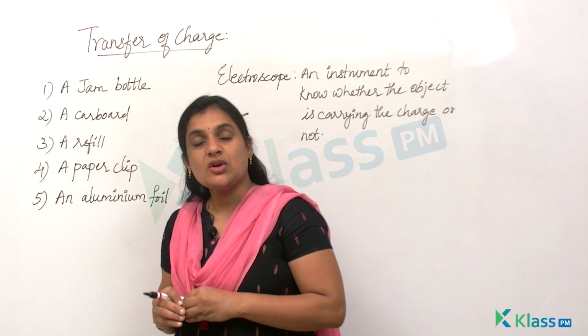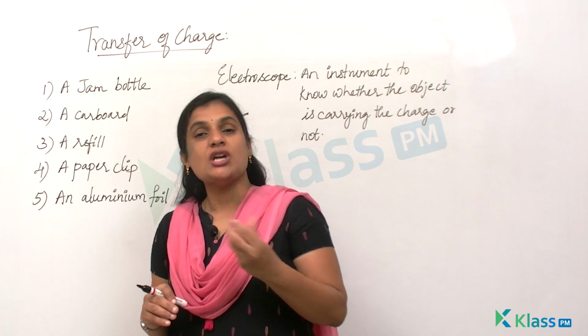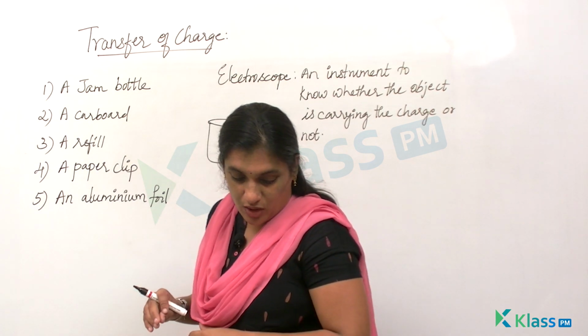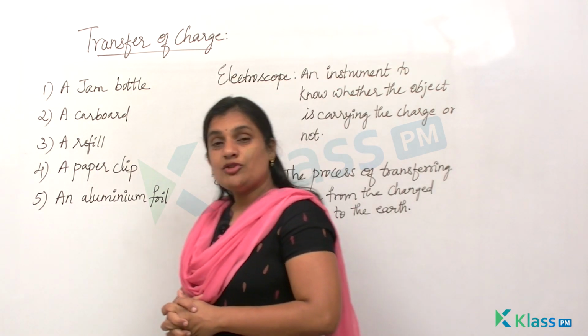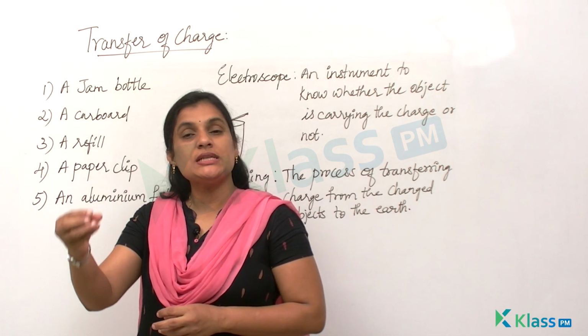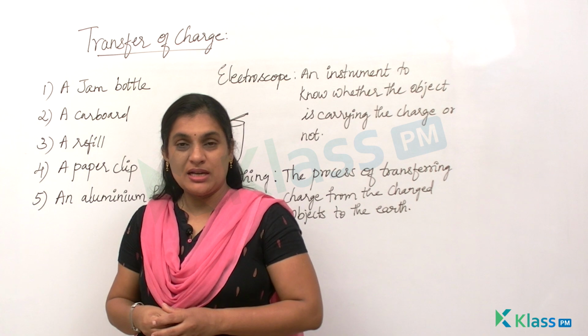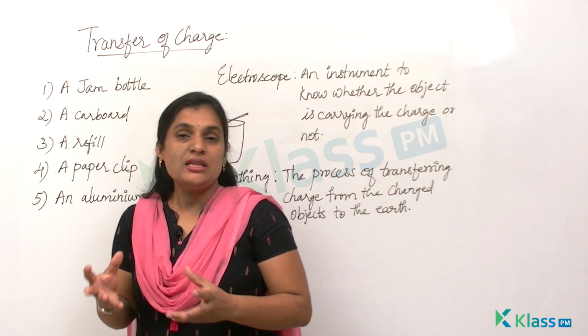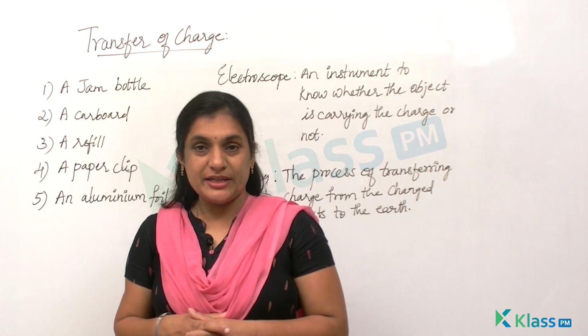See, the process of transferring charge from a charged body to another object. As I've told you, when you bring different charges towards the mouth of the glass jar, you immediately see that the paper clips either repel or attract, right?